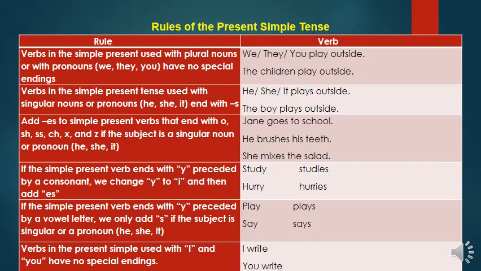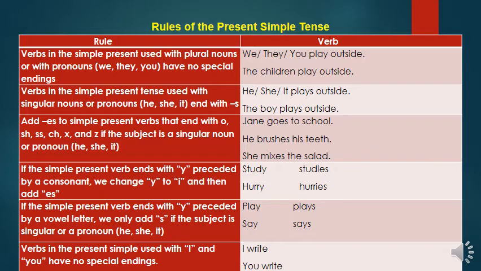If the subject is a singular subject. So like play, play ends with y preceded with a, and a is a vowel letter. So we just add s to the verb. Like say, say also ends with y preceded with a. So a is also a vowel letter. So we do not drop the y, we just add s.